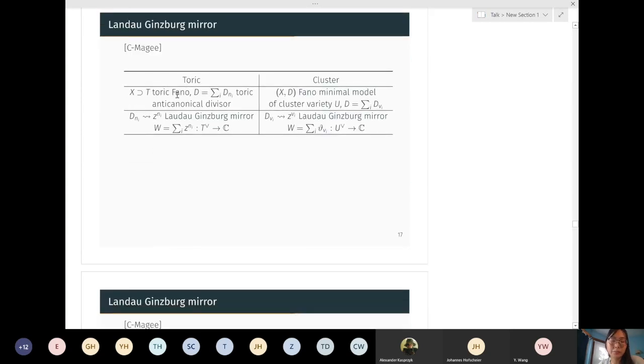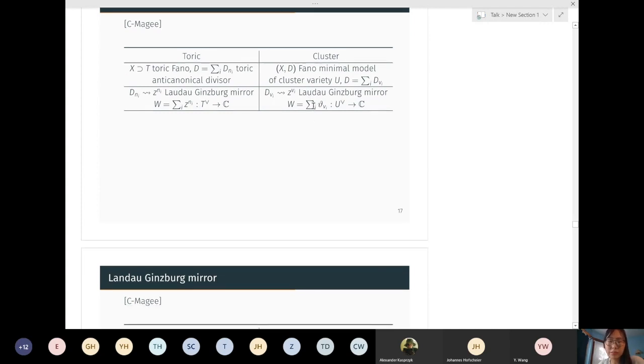And then in the traditional way, this is the picture we described. We have the divisors coming from the rays, and then we have the Landau-Ginzburg mirror, and similarly, we have the divisors corresponding to theta functions, and then we sum them; it should be theta here. Let me fix this.